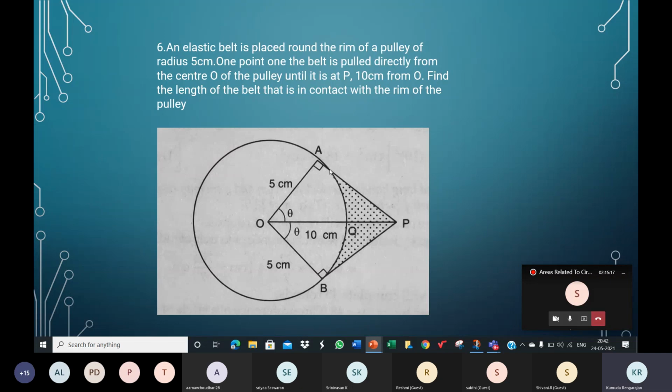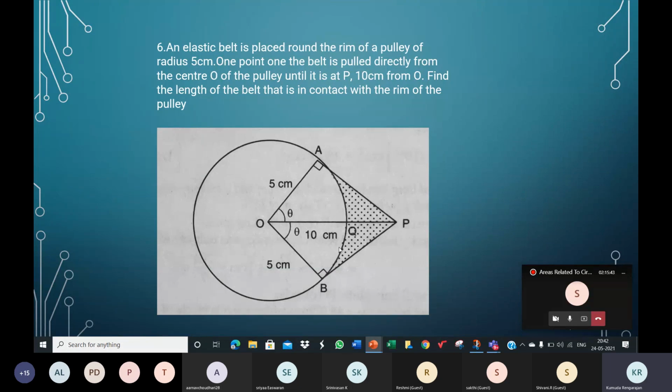So which is the length of the belt that is still in contact with the rim of the pulley? The belt here, this portion, is still in contact with the rim of the pulley. Because on this portion now, the belt no longer sits, because it's been stretched out to this point P. So there is no belt sitting on this portion of the pulley.